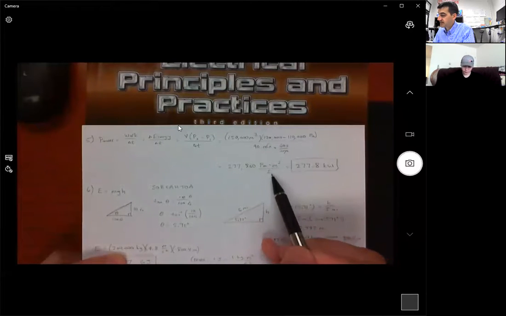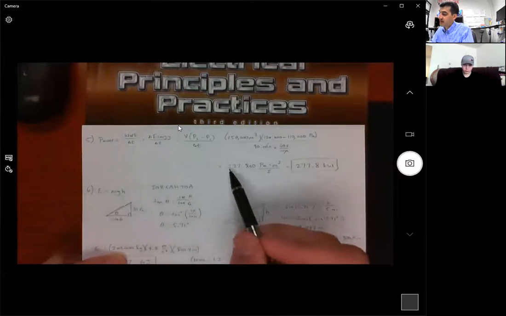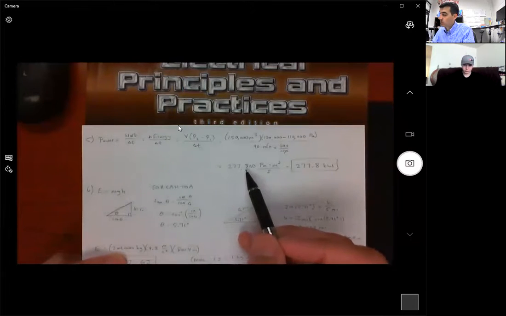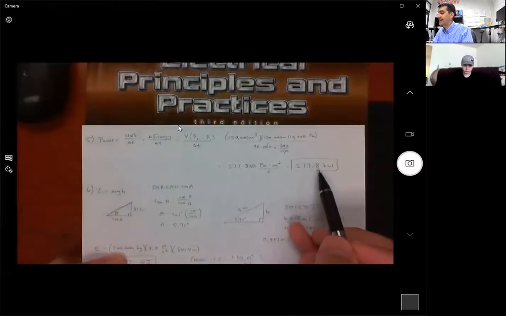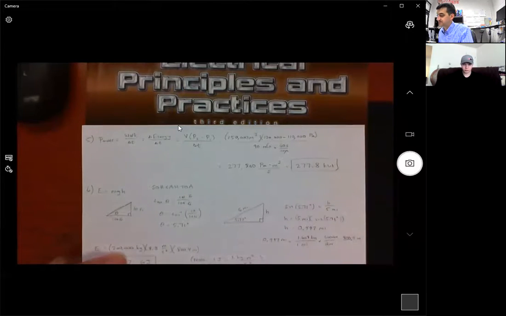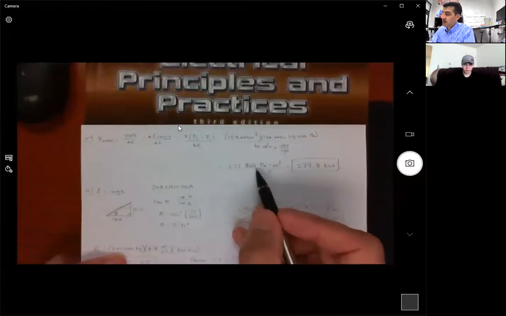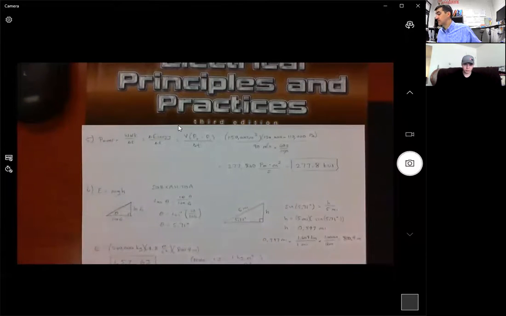And a joule per second is a watt. So we would get 277,800 watts, or 277.8 kilowatts. You can leave it in watts or in kilowatts or in megawatts, whatever you want. They're all units of power.